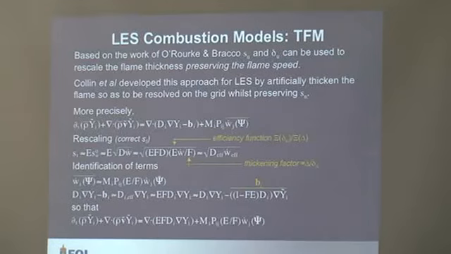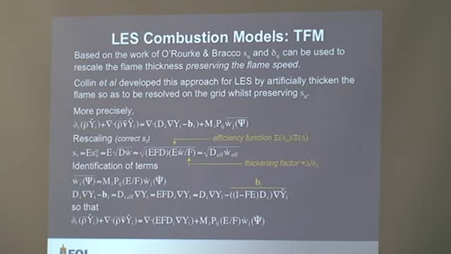If we turn to the other class of models, finite rate chemistry models, I have three different finite rate chemistry models that we have worked on. The first one is the thickened flame model. It's currently a quite popular model, and it's based on the work of O'Rourke and Bracco.